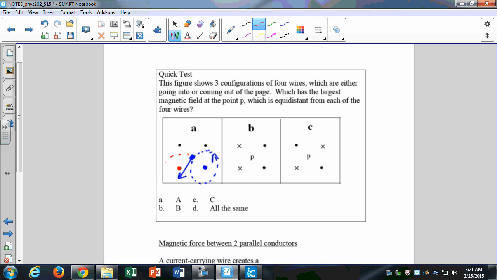This wire will cause a magnetic field like this, so it's going to cause a magnetic field like that. This wire like that, and this wire, is that right? Yeah, like that. Actually, it goes around like that.